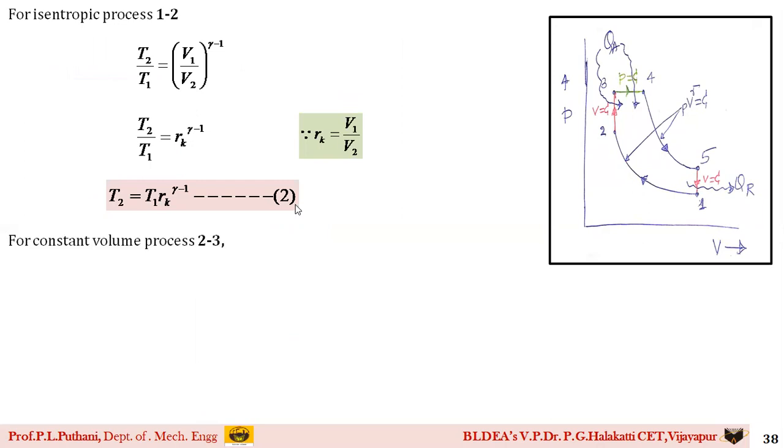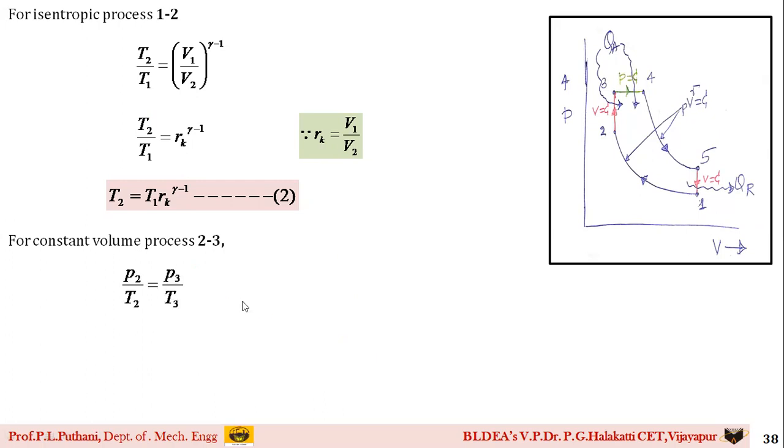Now I will move to the process 2 to 3. 2 to 3, students, is a constant volume process, and for a constant volume process, my PVT relation looks like this, that is P2 by T2 is equal to P3 by T3. The corresponding equation should give T3 in terms of T1. So I will move T3 to the other side and make further simplifications.